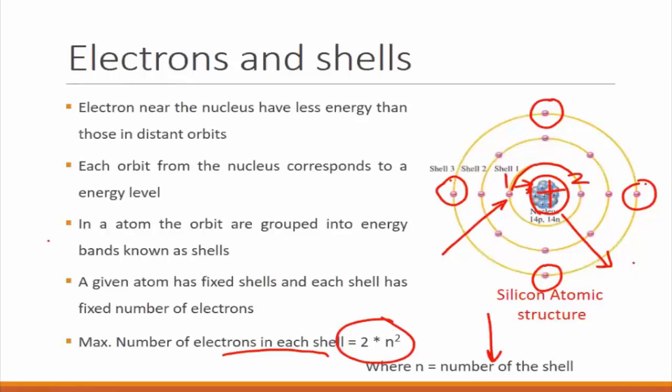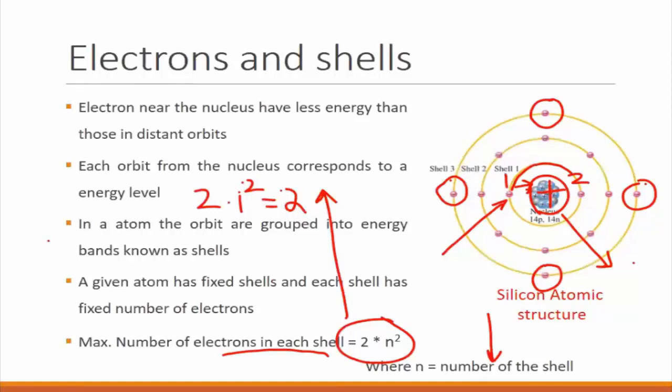For example, here the first orbit can accommodate how many? It's 2. But why only 2? Why not 3? This formula shows us the relation to the number of electrons that can be accommodated in that particular orbit. For the first orbit, n is 1, so 2 times 1 square. 1 square is 1, so 2 times 1 is 2.